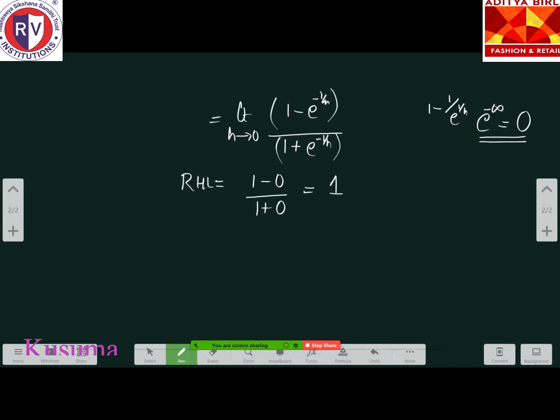Now, let us find out LHL. We have got the value of RHL as 1.